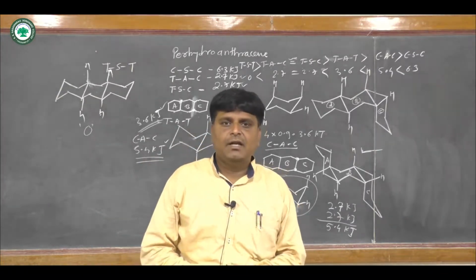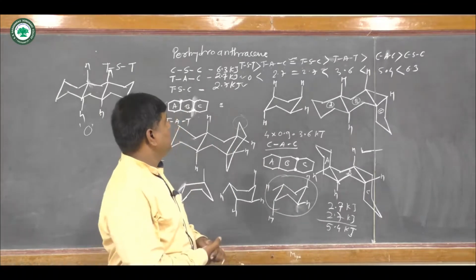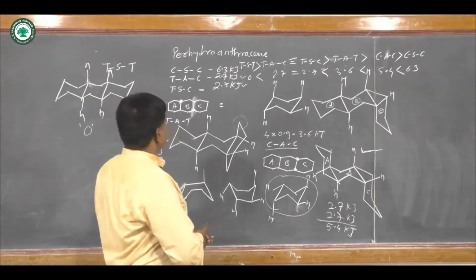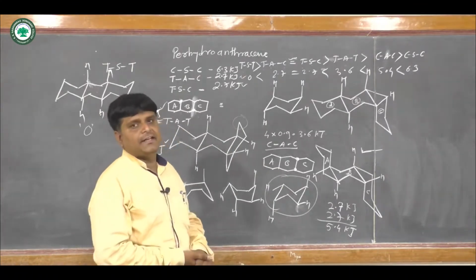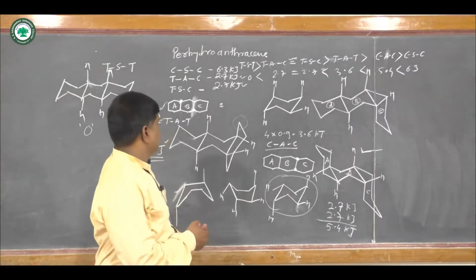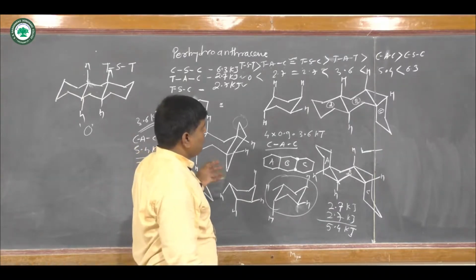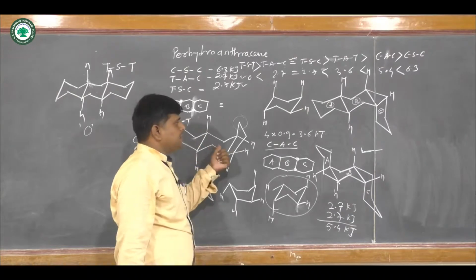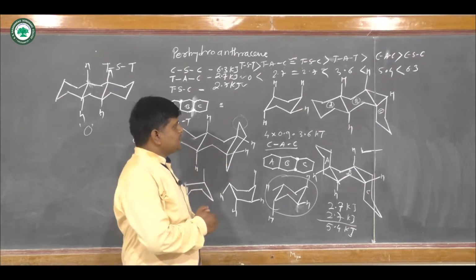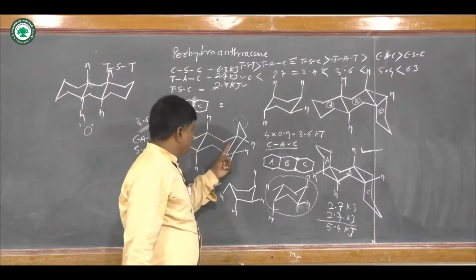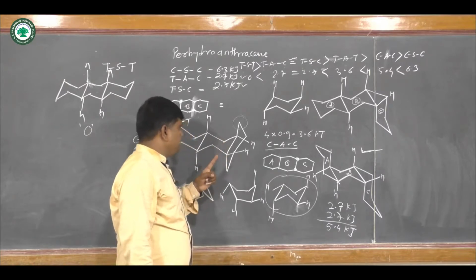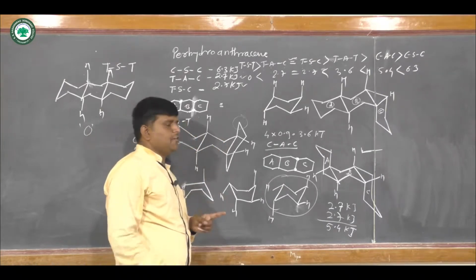The remaining part of this type of ring system is perhydrophenanthrene, which has a somewhat different combination of A and C with B. In that case, here one uncommon carbon atom is seen between the A and C ring fusion.